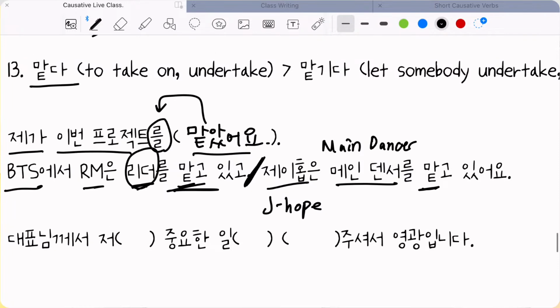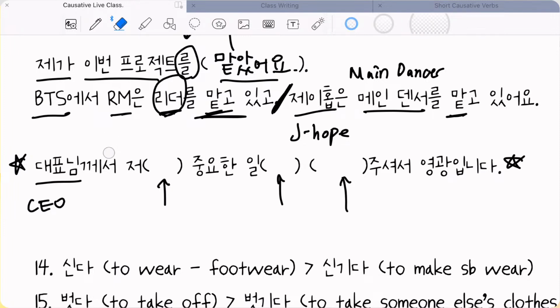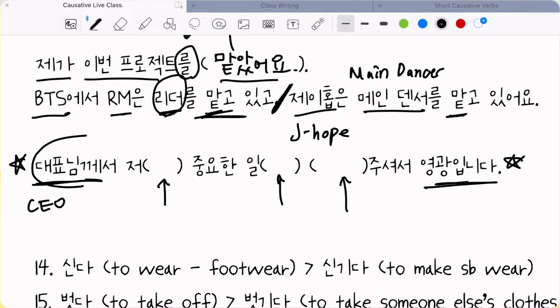맞다. 그리고 여러분, 그러면은 let's try filling in the blank with the correct particles and correct verb in each blank, guys. So 여기서 대표님 means the CEO of a company. So 대표님께서, the honorific of 이가 particle, right? So what I'm trying to say here is it's an honor that the CEO of our company entrusted me with an important task.